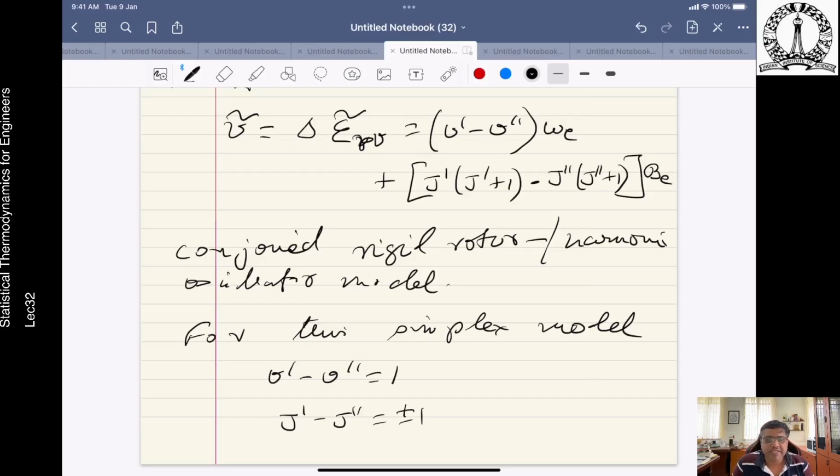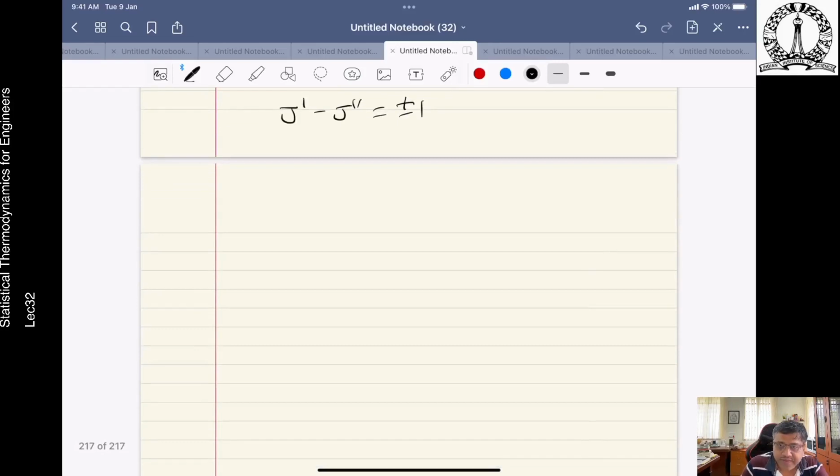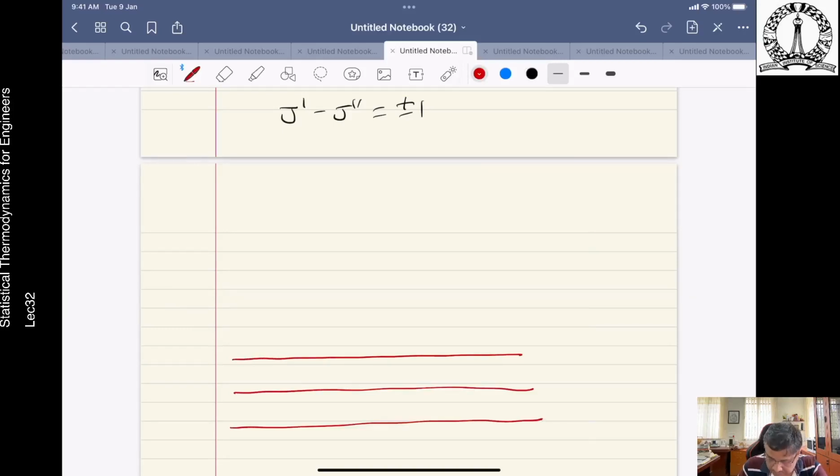So for clarity, we can draw a diagram like this. Let's put the vibrational levels in. J double prime equal to 0, J double prime equal to 2, J double prime equal to 3.